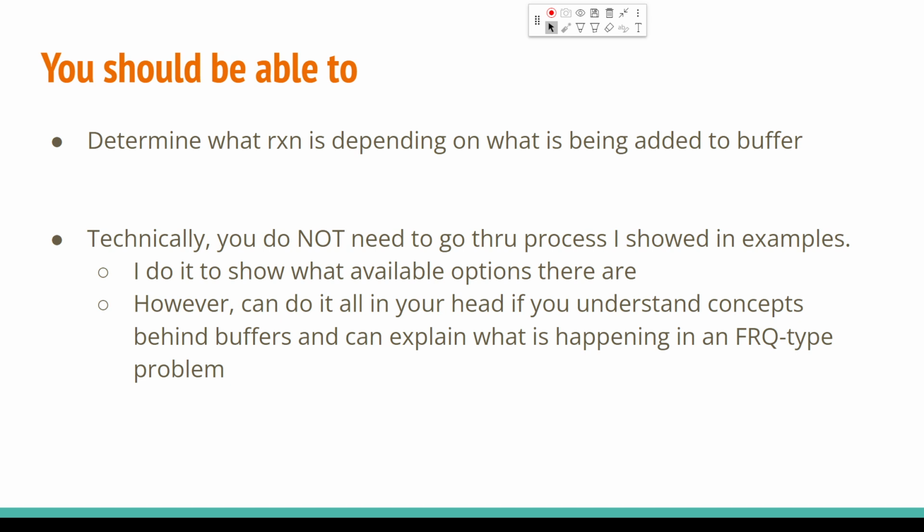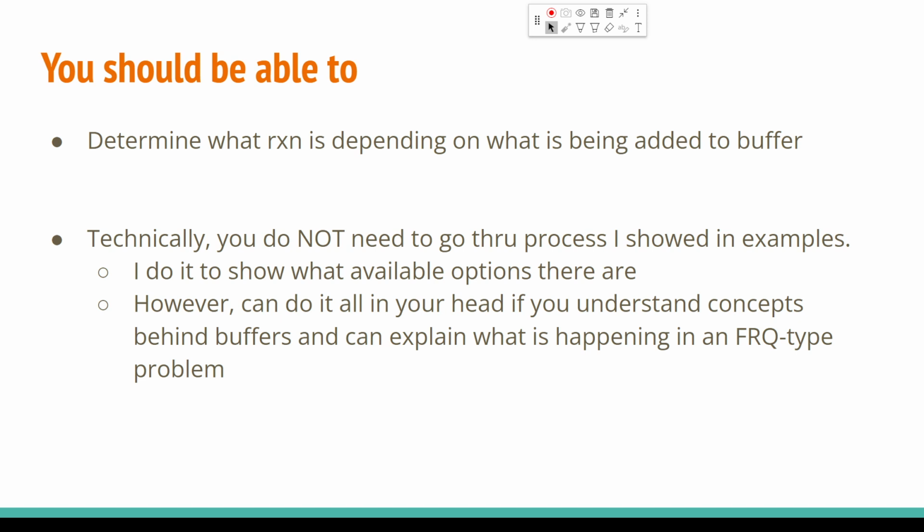Now, as I said here, you do not need to go through the process I went over in these examples. These are examples just to clearly show why I'm listing certain species, what's actually in the system, who's interacting with who. So you can do this all in your head if you understand the concepts of how buffers work. You should be able to explain what is happening in an FRQ type problem.